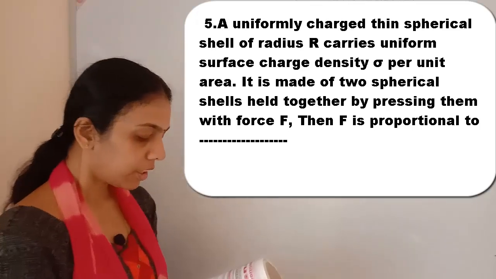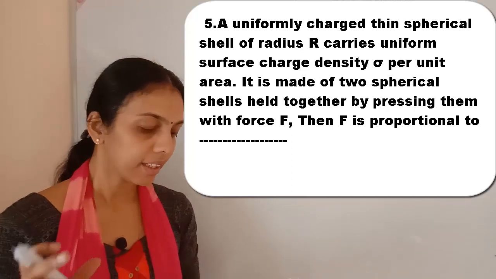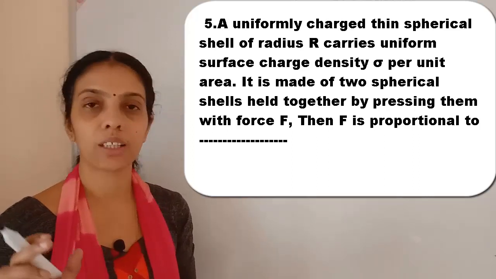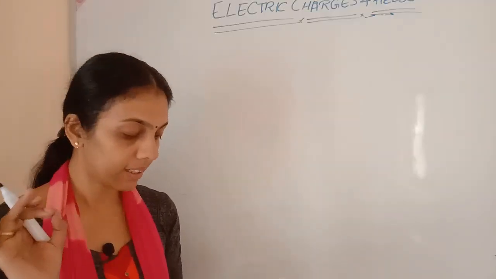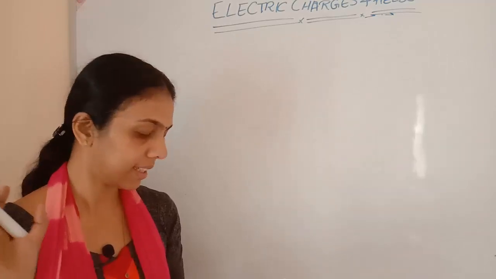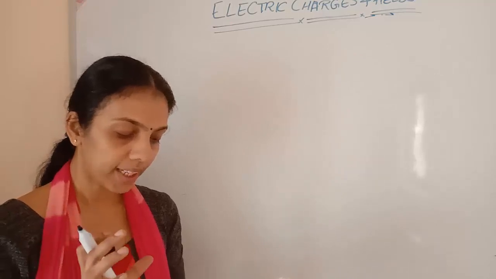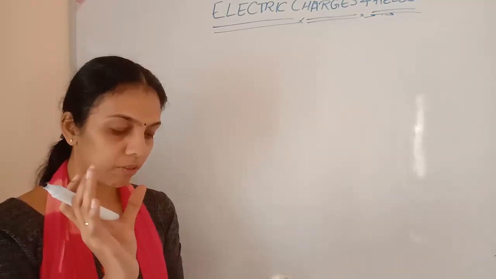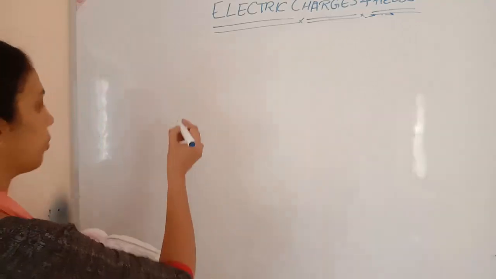Here, radius R, surface charge density is sigma, per unit area. Then F will be proportional to.